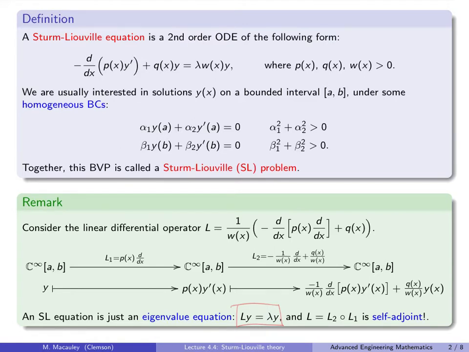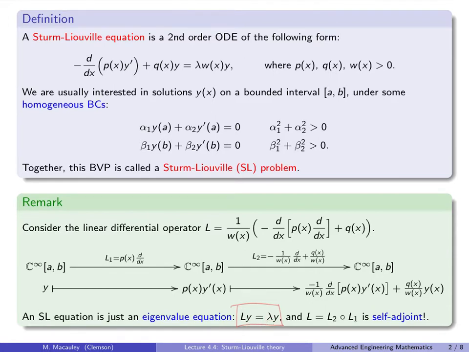In particular, the eigenvalues are going to be real, and the eigenfunctions are going to be orthogonal. And that's why we care so much about this. Then we can construct what are basically generalized Fourier series using the solutions to these equations, and we can write any solution that satisfies these boundary conditions as an infinite sum of the eigenfunctions. That's where we're going with this.